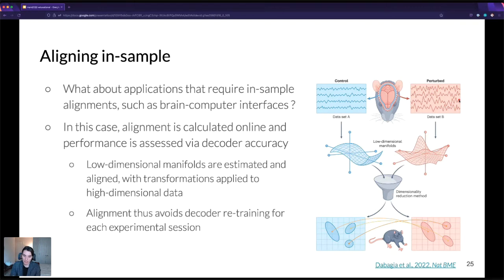And this is really costly. This takes a lot of time. This hampers participant engagement with the brain-computer interface. So alignment provides a really nice way to avoid constant decoder retraining for each experimental session, because otherwise, as I alluded to in the beginning, you can just see that you're losing accuracy over time.